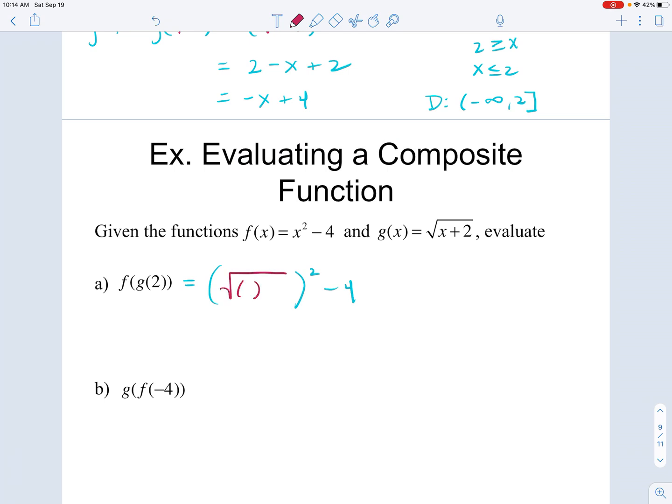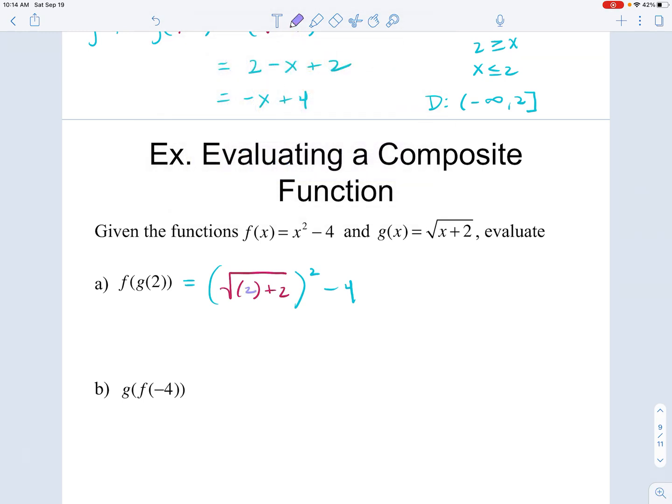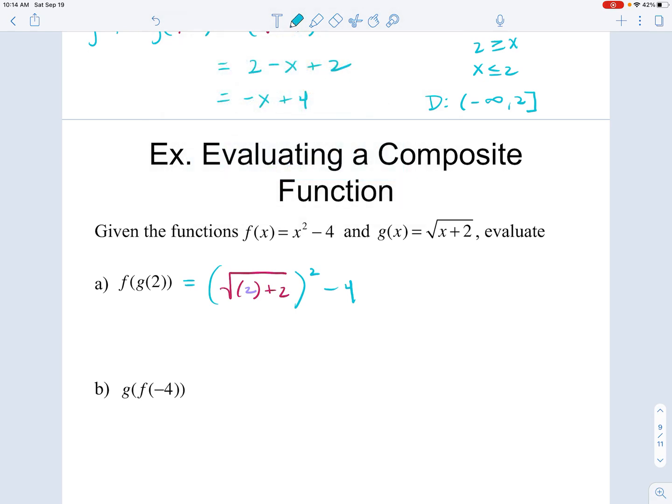And instead of putting x, I'm going to insert 2. So that might have made it look a little more complicated than it needed to be, but let's think about this. Okay, well, the square root of 2 plus 2, that's the square root of 4, which is 2. And then when we square 2, we get 4, and 4 minus 4 would end up being equal to 0.